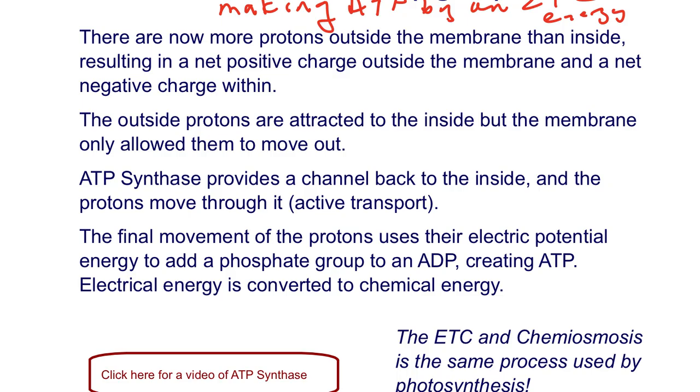This process of using proton pumps to create a concentration gradient, so that the protons from the high concentrated area can move through the ATP synthase channel protein and release energy that will energize ADP into ATP, also occurs in photosynthesis in the ETC during the light reactions.